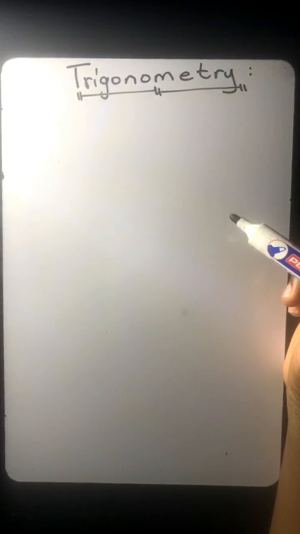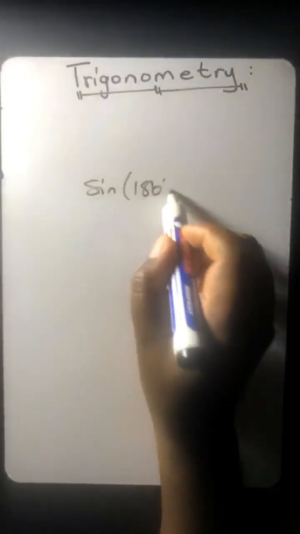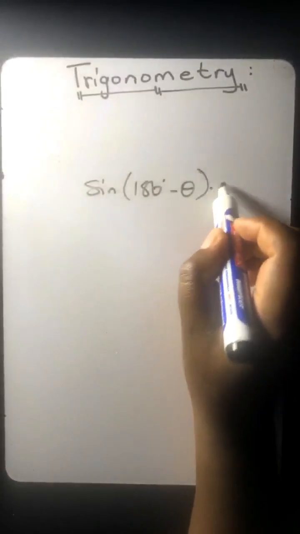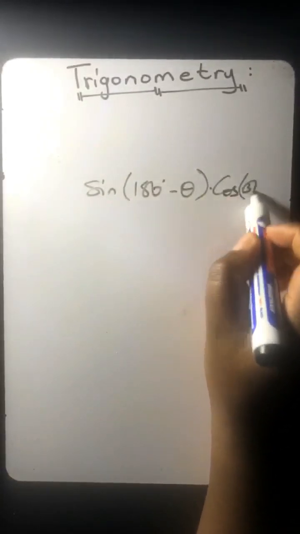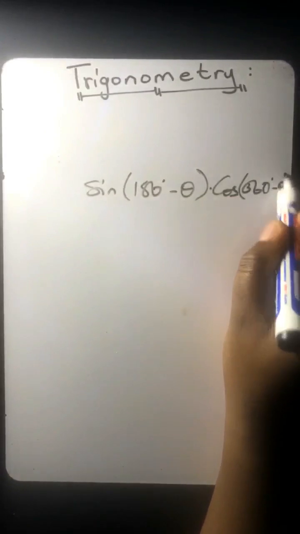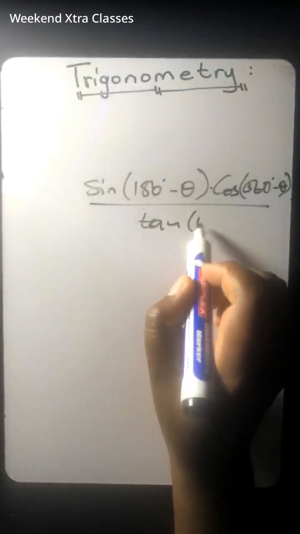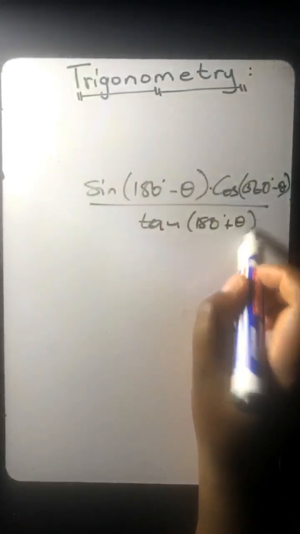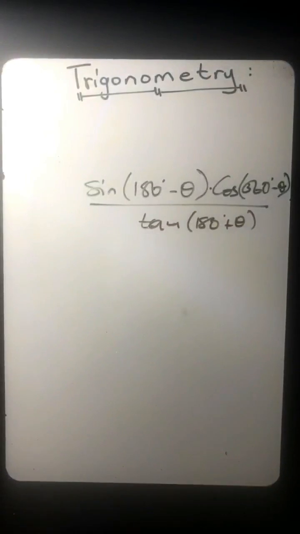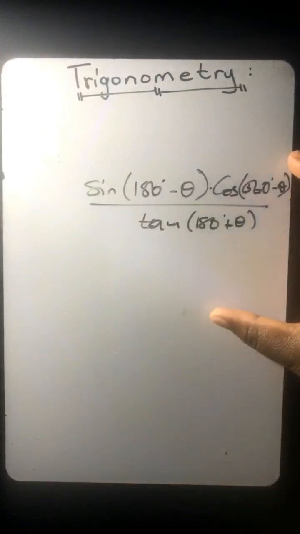I'm preparing you for questions where, for example, they say sine of (180 degrees minus angle theta), multiplied by cos of (360 degrees minus theta), divided by tan of (180 degrees plus theta), and you need to simplify all of that. After we are done with those, we'll be moving on to proving.